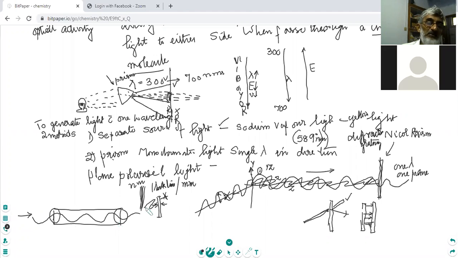And now you keep a small slit here, aligned parallel to the slit on this side, through which your wave is coming.